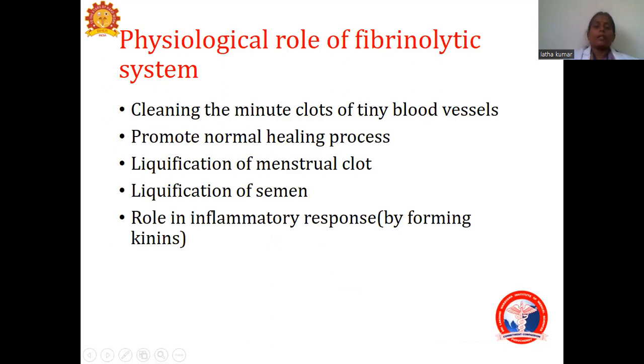Physiological role of the fibrinolytic system. So what are the physiological roles?